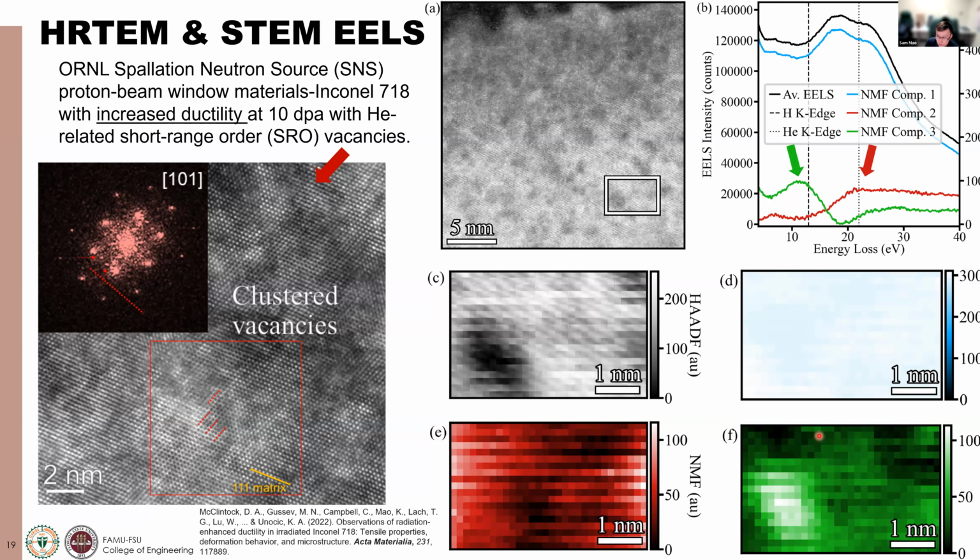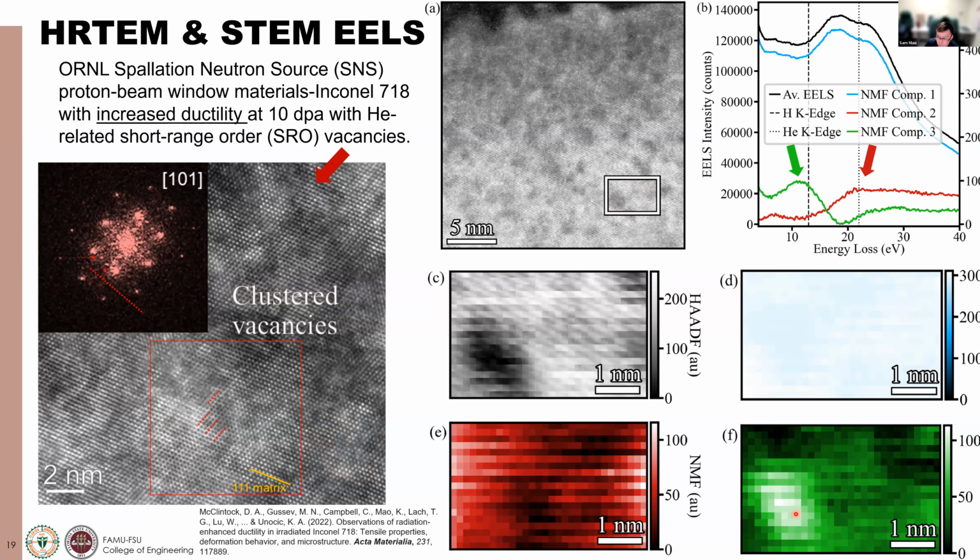You can also see if there are hydrogen peaks in this material from the spallation neutron source at Oak Ridge. What they are seeing are smaller, we call it a disordering phase.